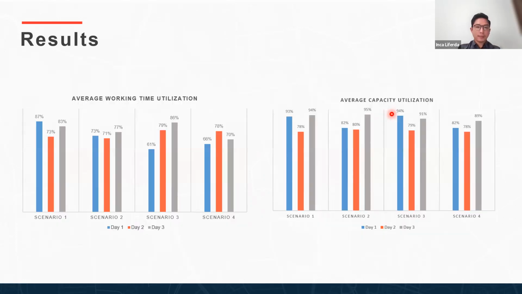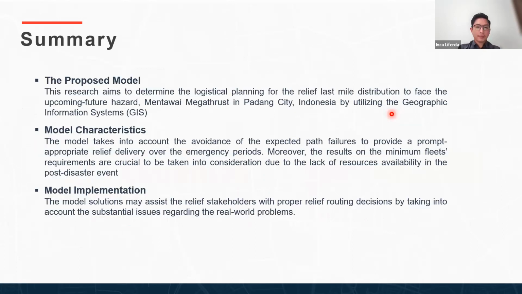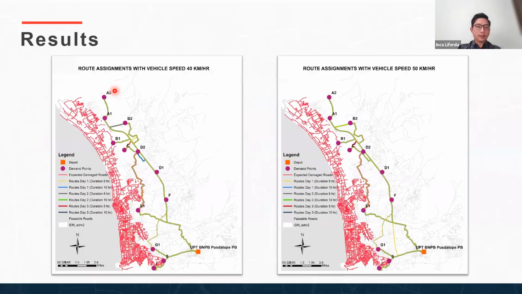And then the summary of this research is, for sure, the proposed model based on the geographic information systems approach, by taking into consideration the impassable road networks.